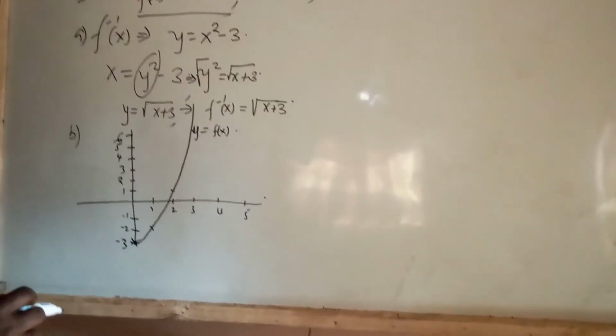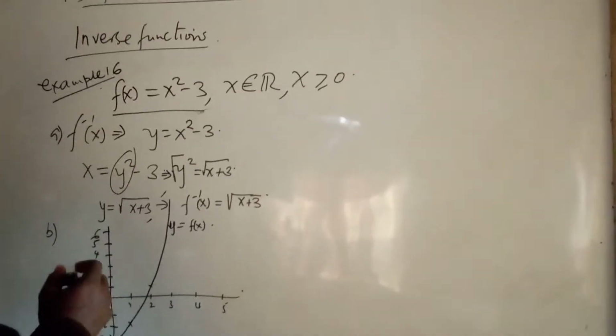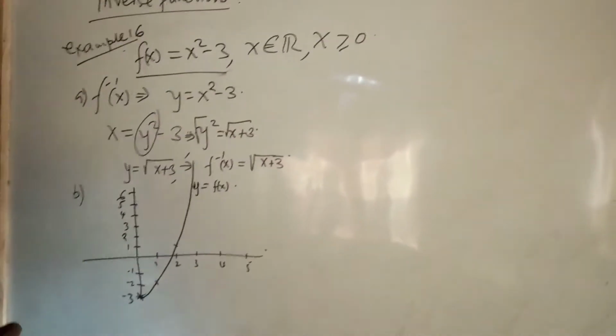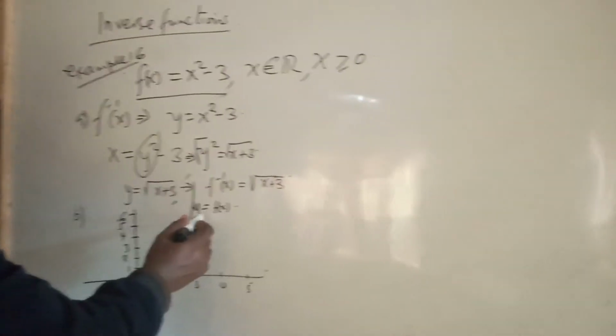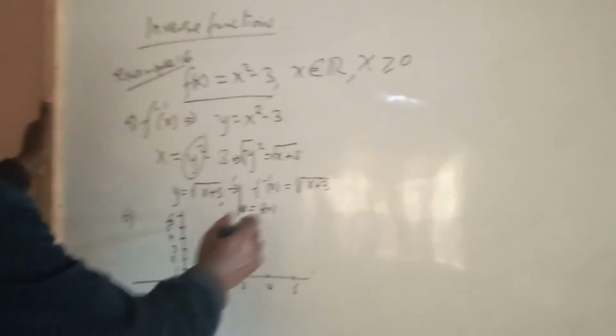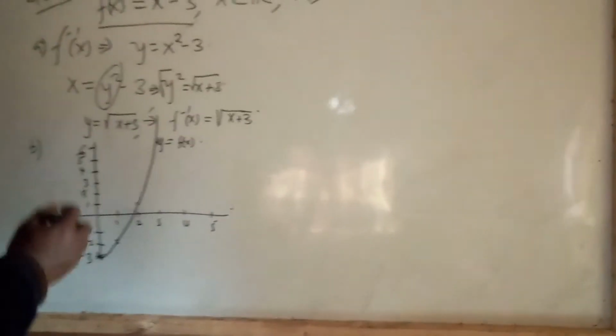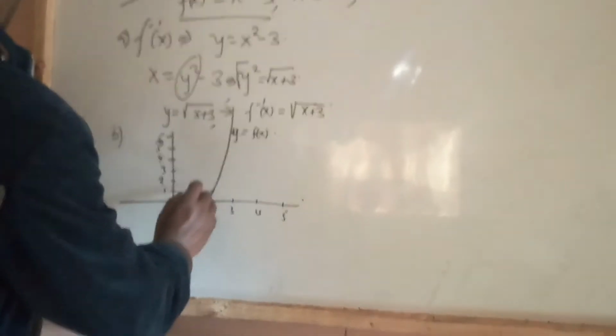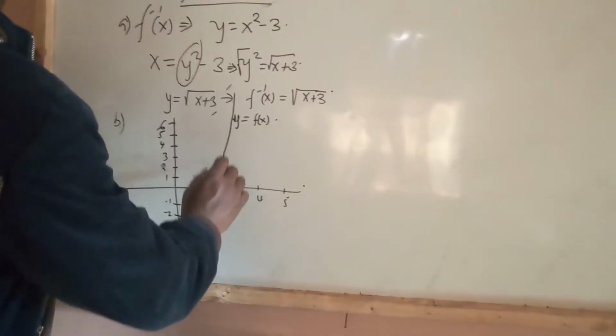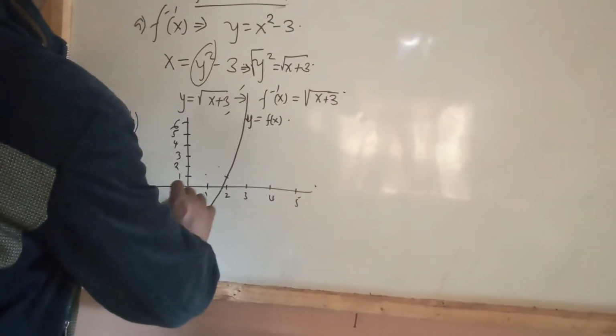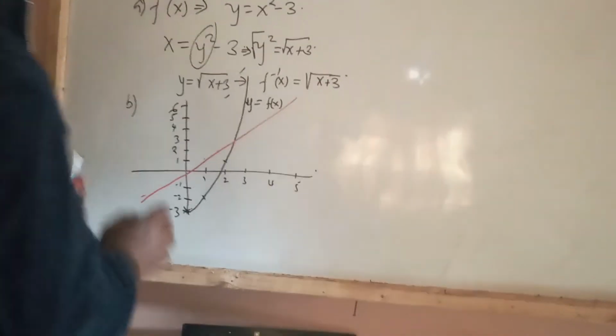There is something that we need to remember: if this is y equal to f(x), then there is a line of reflection along this particular line.